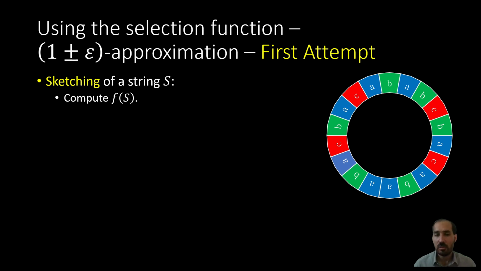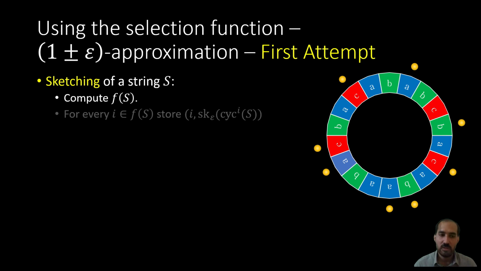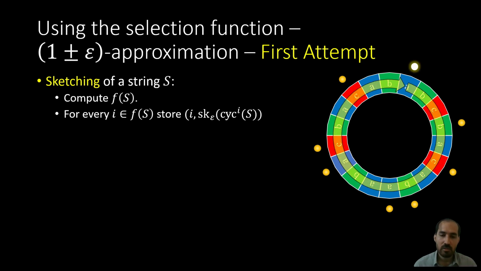Now, when we want to construct 1 plus minus epsilon approximation sketches for circular strings, let's start with a first attempt that we later improve. First of all, when we sketch some string, we compute the selected positions for this string. Then, for every position I that is selected for this string, let's compute the regular sketch of the string in the specific cyclic shift corresponding to this position.